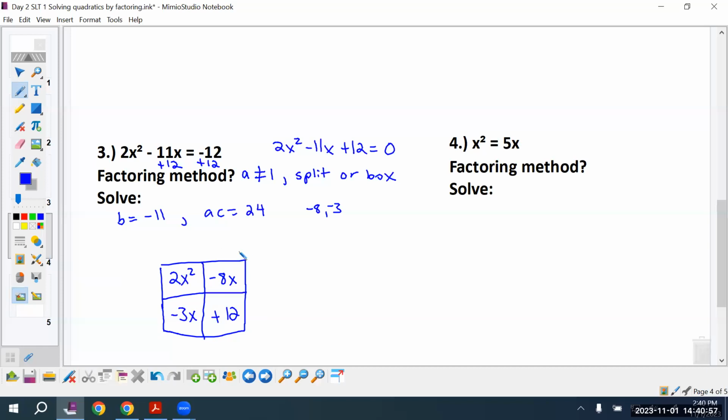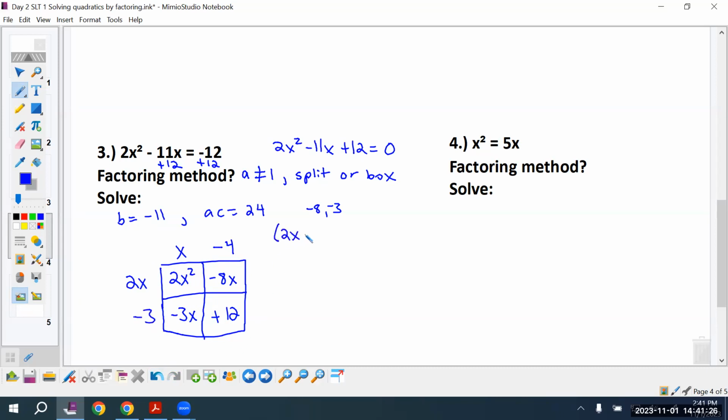Now, when I go to put my factors on the side, I can choose the 2 or the 3 to work with. I don't want to do the 8 and the 12. They're not prime. I'm going to do the 2 because it's positive. So the question is, can the 2 go on the top or on the side? It should go on the side, because if I put it on the top, that's a 3. That's not going to work out. So we'll do 2x and x. I have 2x, and this is -8, so -4. I have x, and this is -3x, so -3.